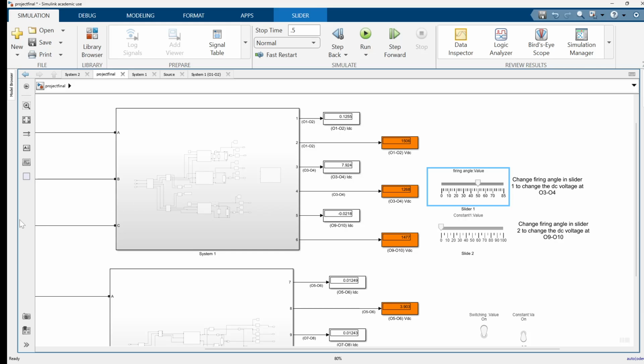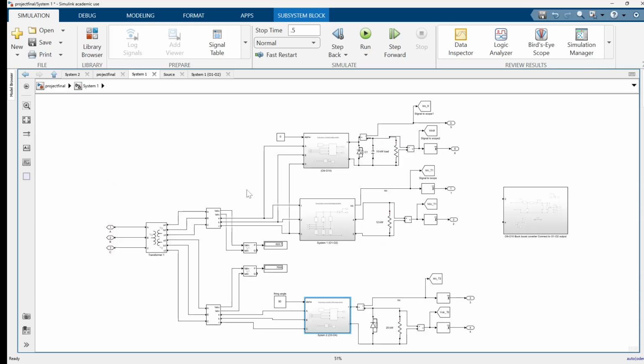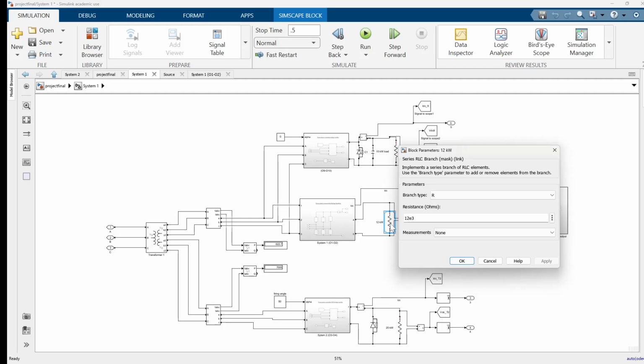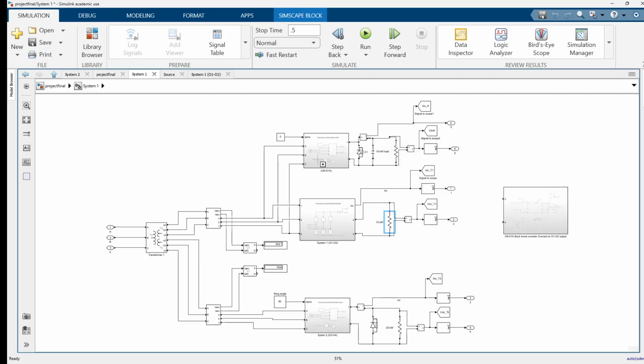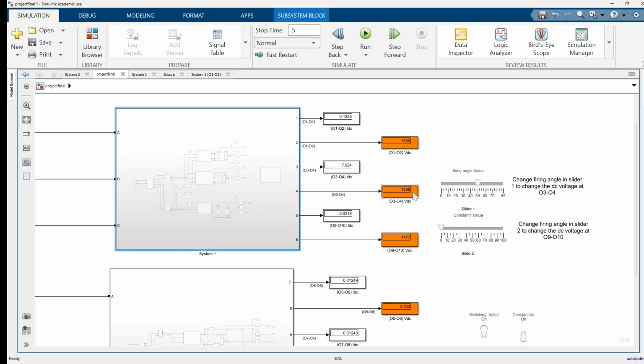However, for this design, what is important is the maximum DC voltage it can produce, because it should serve the load of 12 kilowatt, and maximum load will be 12 kilowatt, right?